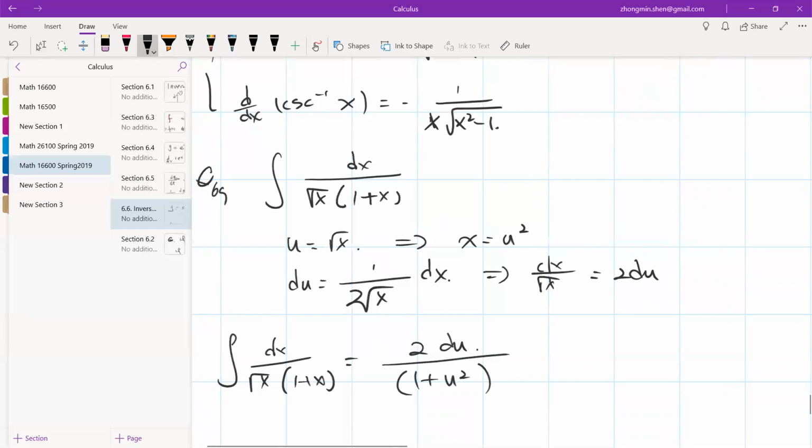Right? So put the integral symbol on that. And that's going to be 2 times arctangent u plus constant. What is arctangent u? u is going to be square root of x, plus constant.